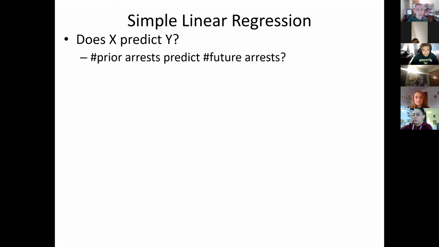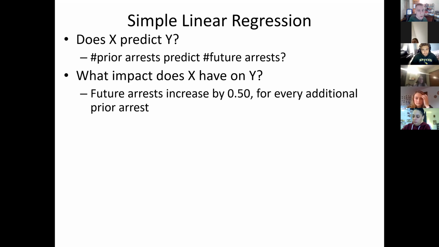What does that do over and above correlation? Well, it tells us, for example, how many future arrests we might expect given any number of prior arrests. For every unit increase in X, how much does Y change? That's what regression can tell us. And what impact does prior arrests have on future arrests in this case?